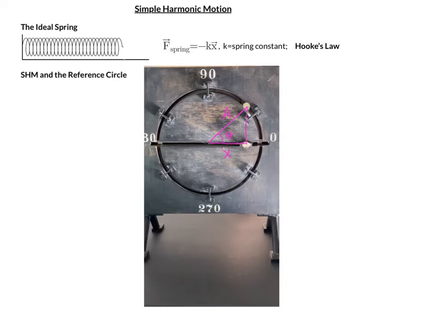So I can say that x is A cosine theta. But remember from rotational motion that theta is omega t. Basically, what I have is that angular velocity is angular displacement divided by time.